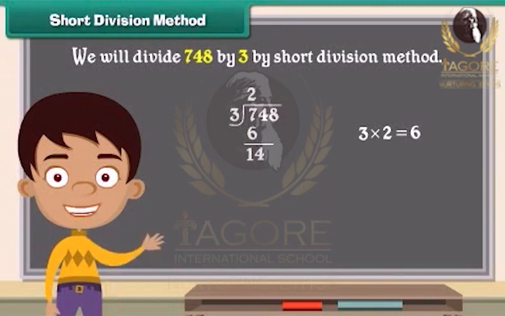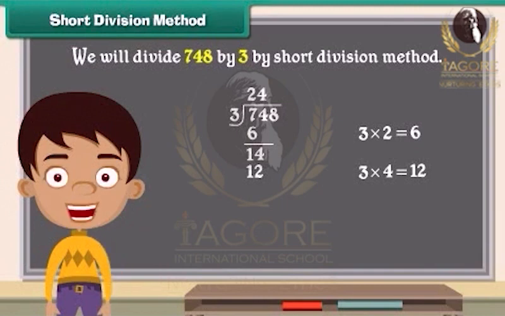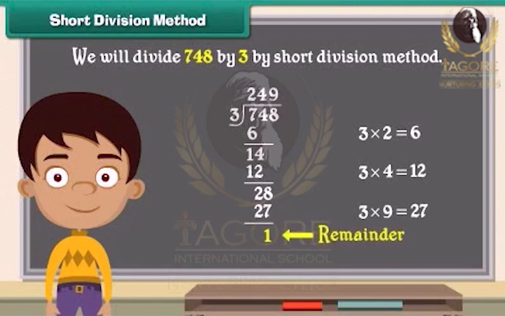Then divide 14 by 3. 3 fours are 12. 14 minus 12 is 2. Write 4 above and write 2 in front of 8 to make it 28. Then divide 28 by 3. 3 nines are 27. 28 minus 27 is 1. Put your answer 1 as the remainder.